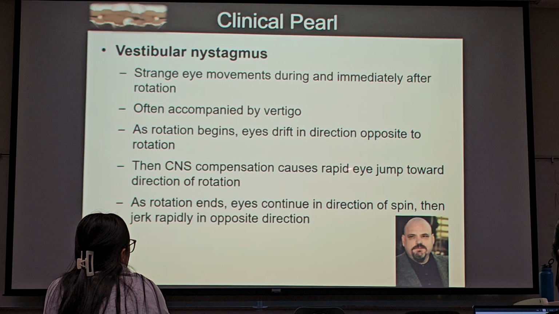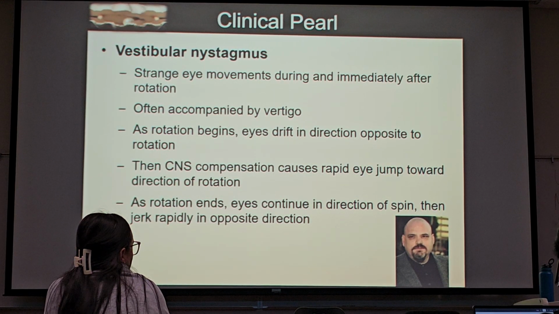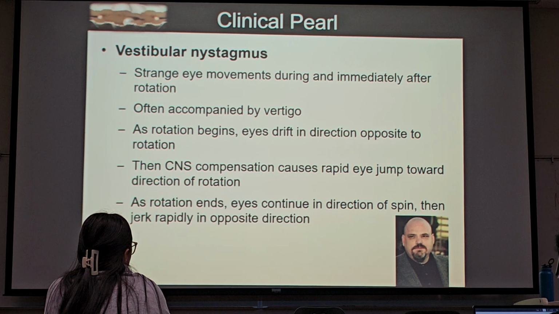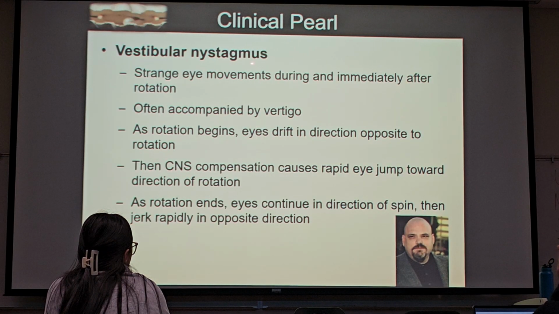So the eyes will drift opposite to the way that you're rotating. And this is because the eyes are trying to figure out which way we are going. We're spinning, now we're stopping, and they have to try to catch up with what our head is doing. And so you'll get this movement in our eyes called vestibular nystagmus.